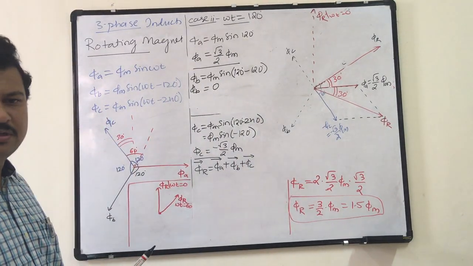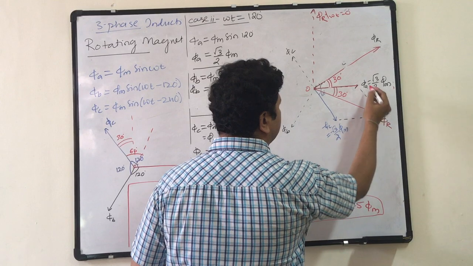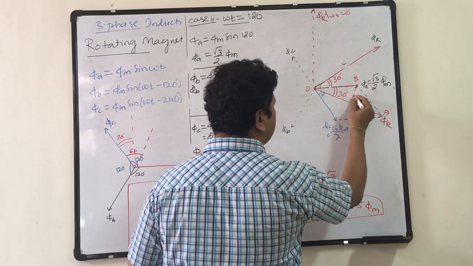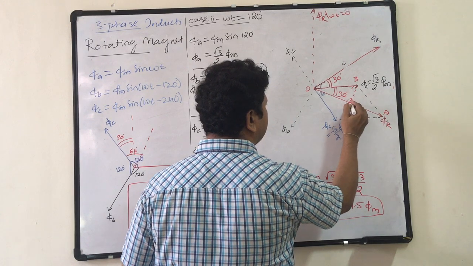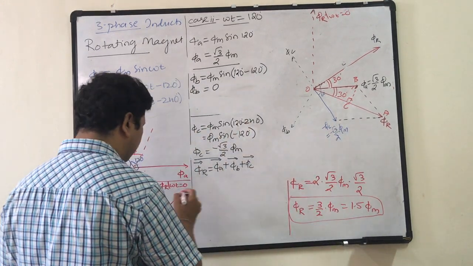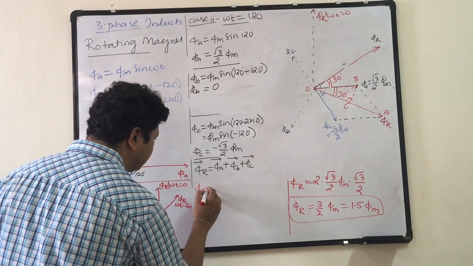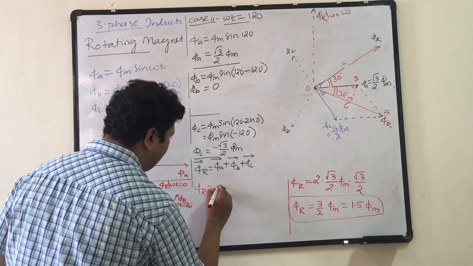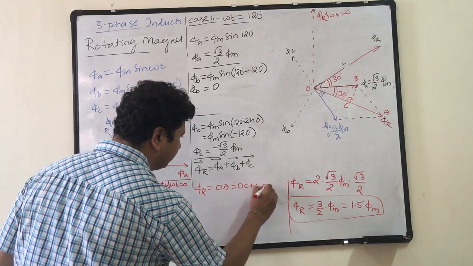Let this be OA, this be B, and construct a point C making 90 degrees here. So what is phi r? Phi r is equal to OA, which is OC plus CA.